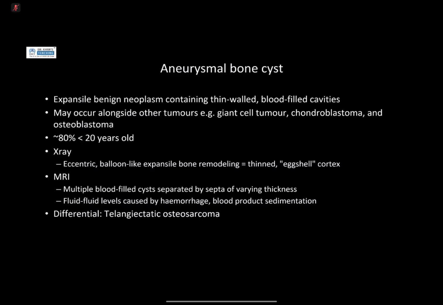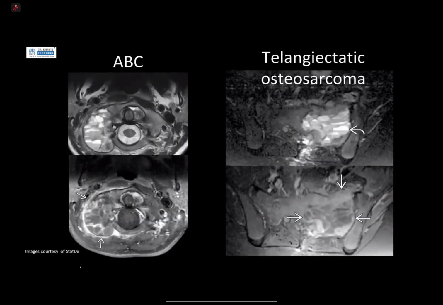You also mentioned the telangiectatic osteosarcoma. So here's an example. When trying to differentiate between the ABC and the telangiectatic osteosarcoma, you've got the ABC at the top left and the telangiectatic osteosarcoma on the right-hand side.